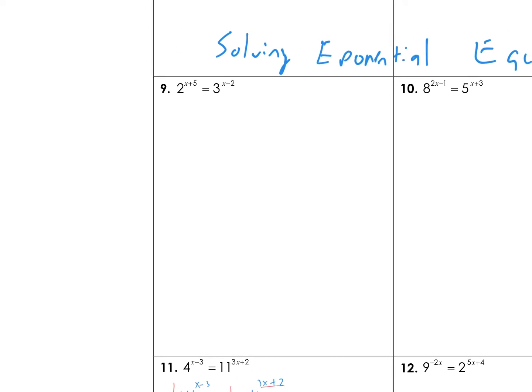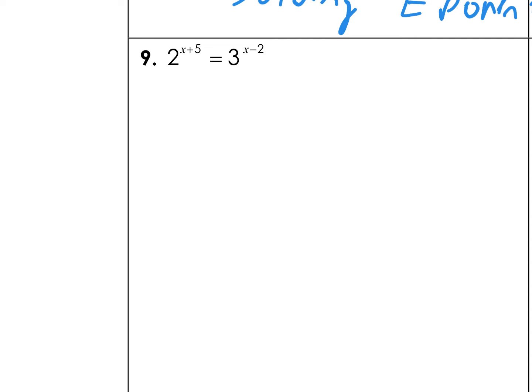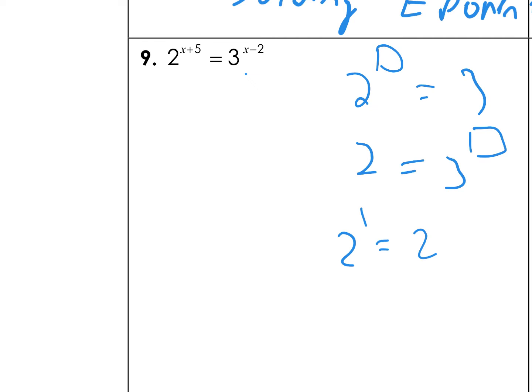And the reason that we have to use a logarithm for number 9 is there's no way that you could write 2 to a power that equaled a 3. And there's no way you could write 3 to a power that is equal to a 2. I should say, there's no whole number. 2 to the first is a 2. 2 to the second is a 4.